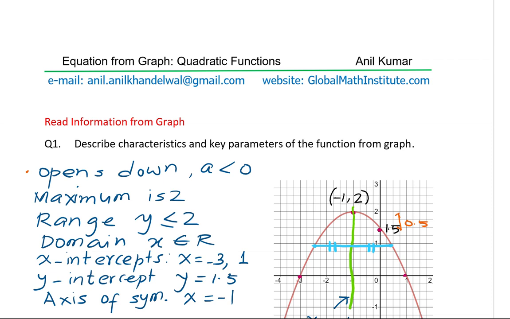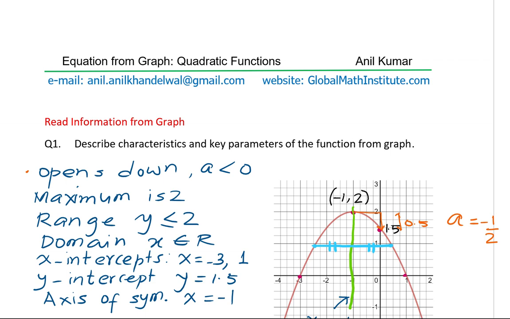Since it goes down by 0.5, the value of a is equal to minus half. So that is how you can get the value of a without many calculations, straight from the graph.